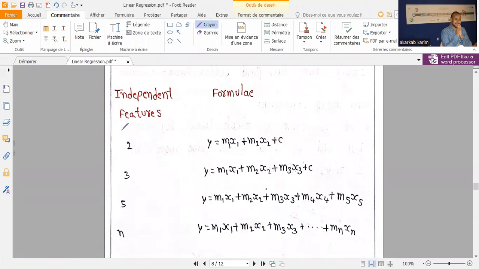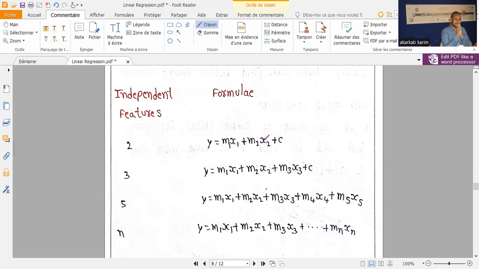If we have two features, the equation of linear regression comes like this: Y equals m1 x1 plus m2 x2 plus c. Here, if we remember, when I try to implement a model with linear regression based on a feature of GDP per capita, I can add other features, for example, age or maybe gender.